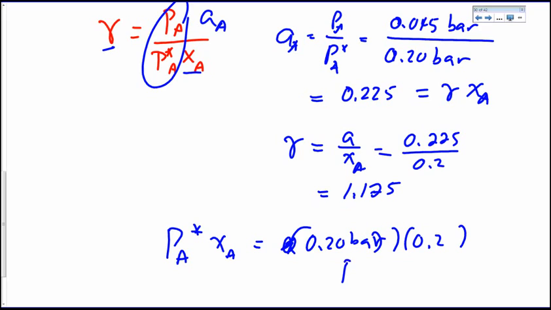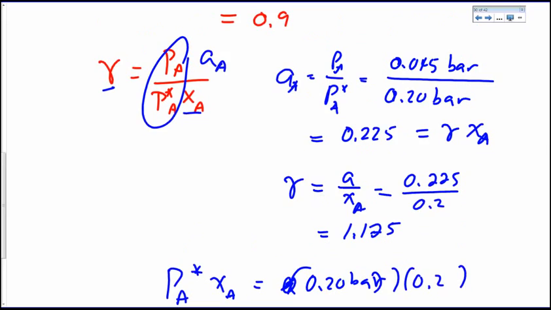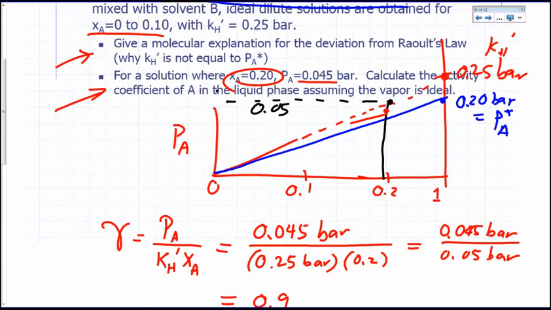So this is for P star A, and that's mole fraction of 0.2. This is going to be equal to 0.040 bar. So according to Raoult's law, the expected vapor pressure here would be 0.04 bar. So you have a positive deviation from Raoult's law, but you have a negative deviation from Henry's law.